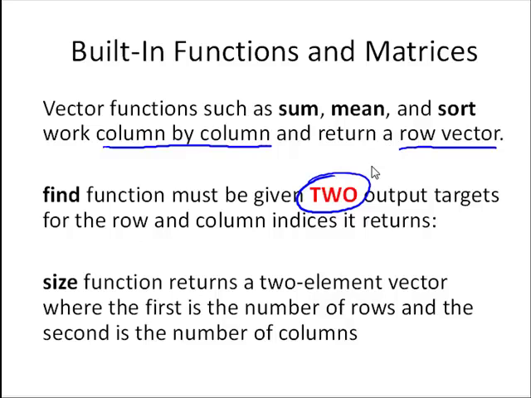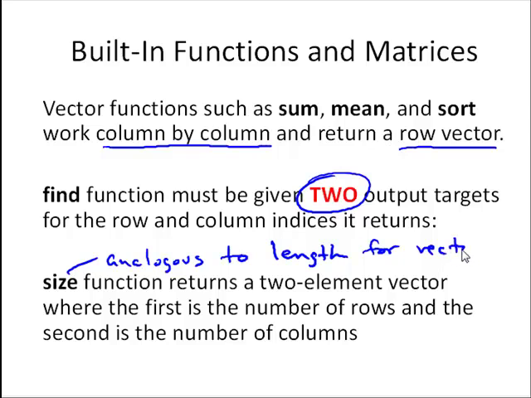Finally, the size function is useful for matrices. You'll use it the same way for matrices as you use the length function for vectors. In this case, the size function returns a 2-element vector where the first is the number of rows and the second is the number of columns.